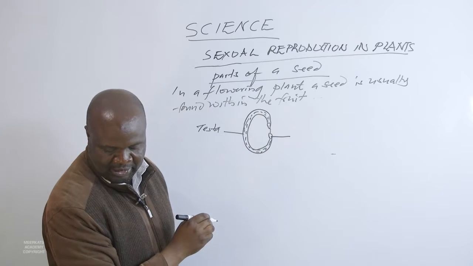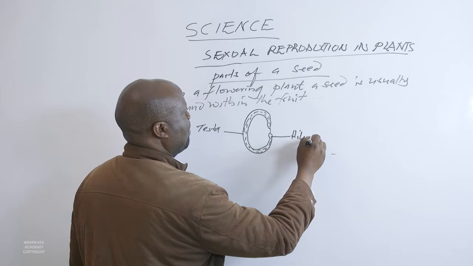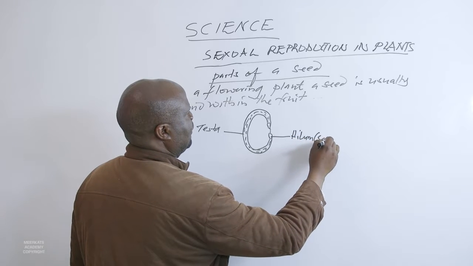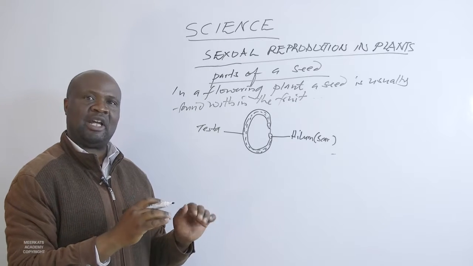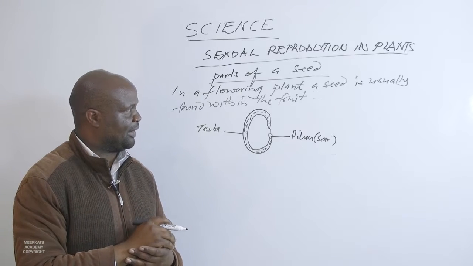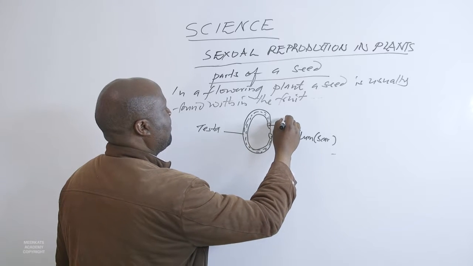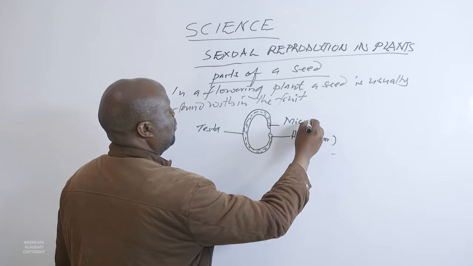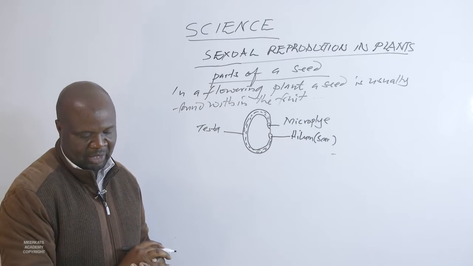This organ below here is the hilum. When you look at the scar, we shall see the function of this hilum, what it does to that particular seed, and then the micropyle, and that is the micropyle.